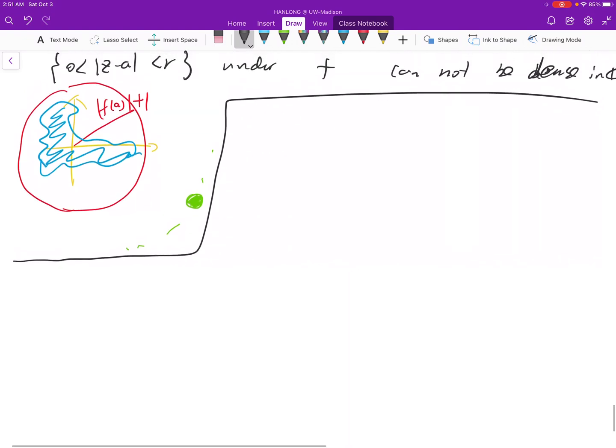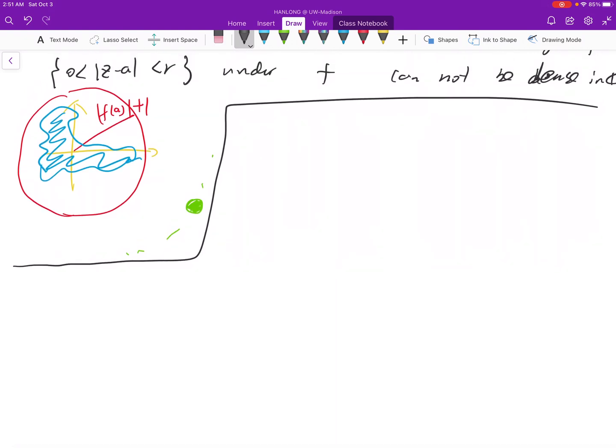Okay, now let's prove the other direction. So we want to show that if this is essential, then it must be, oh sorry, my bad, we still need to exclude the pole case.